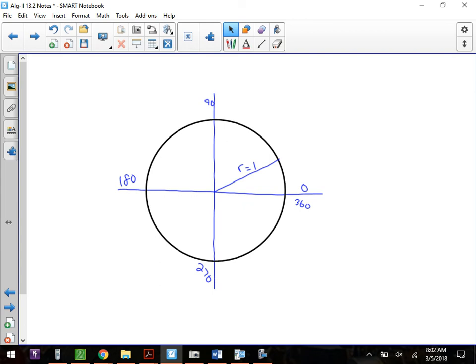So circumference is 2 pi r. Everybody okay with that? Now, if I say that my radius stays at 1, that means to get all the way around the circle would be 2 pi. You all right with that? So if I start at 0 and I go all the way around, I end at 2 pi.